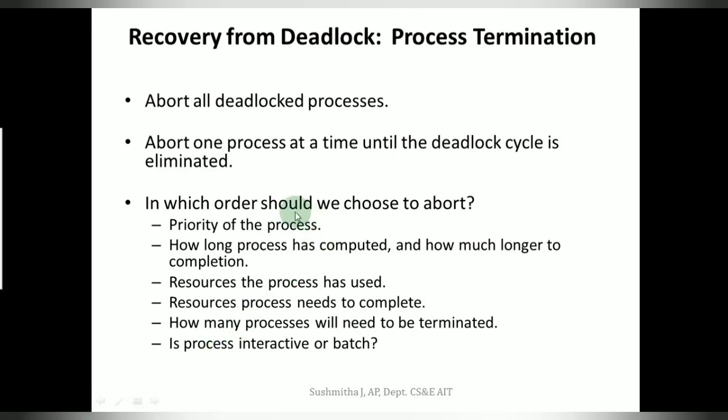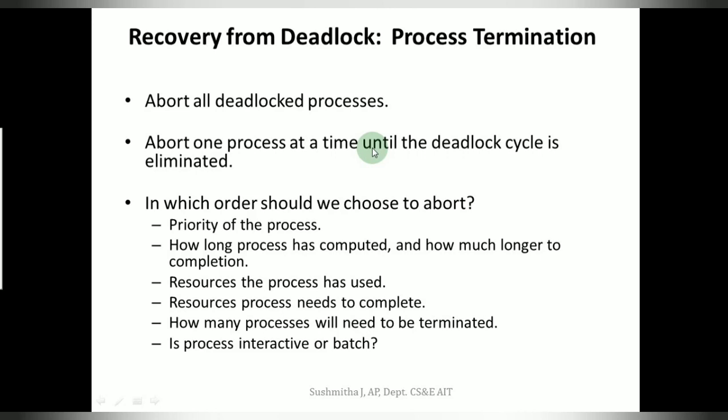Here are some of the criteria on which we decide. It could be the priority, how long the process has executed, the resources the process has, and how much more it needs to complete.